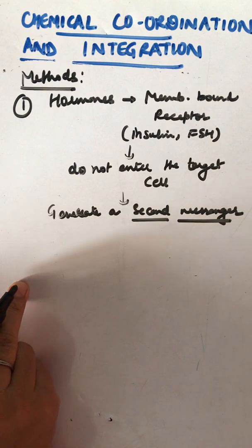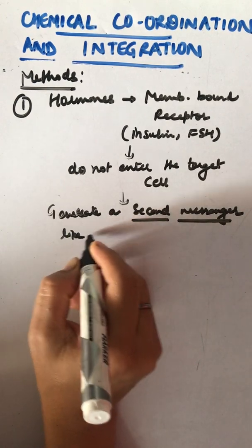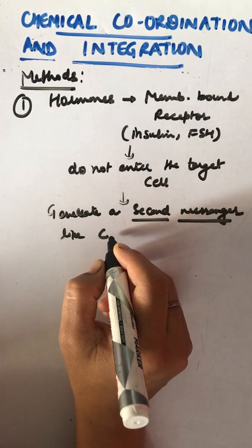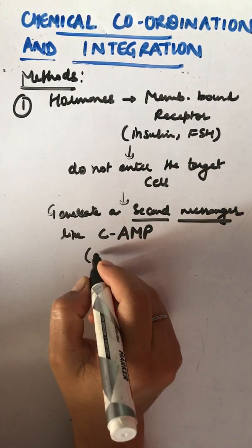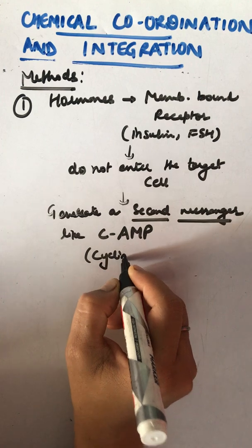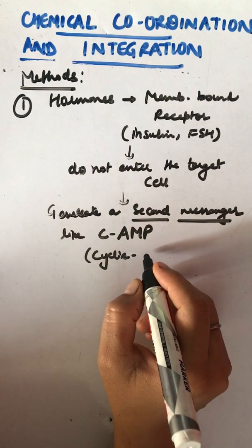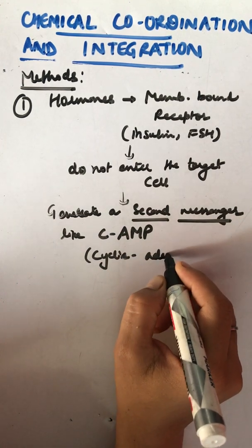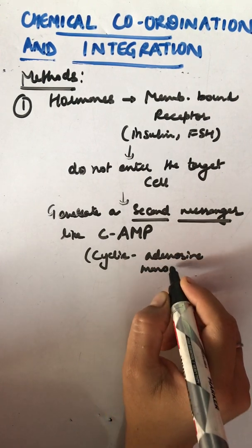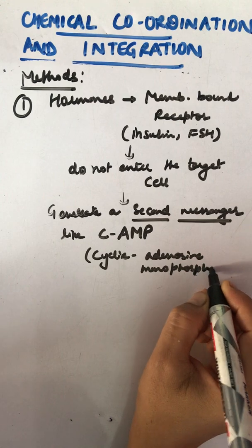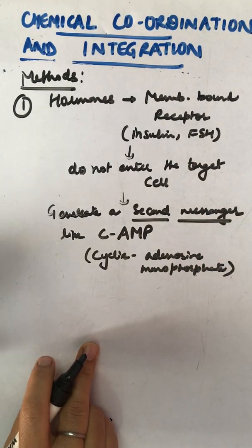Generate a second messenger like cyclic AMP, cyclic adenosine monophosphate. Okay, what will it do?